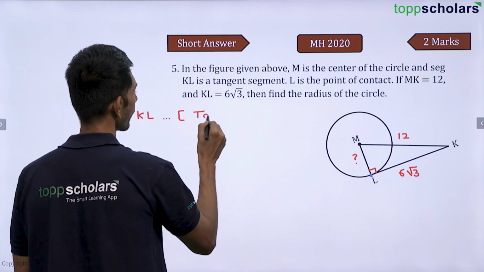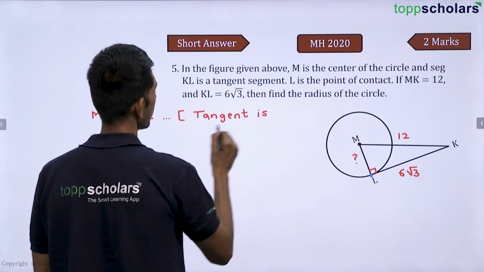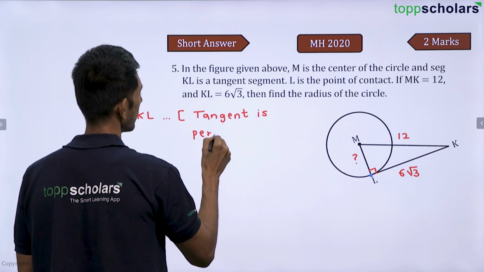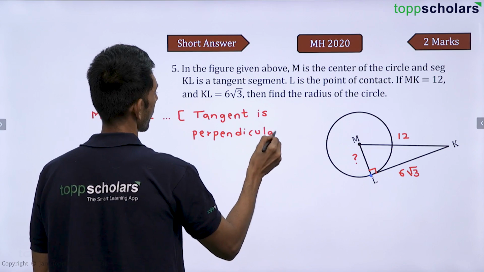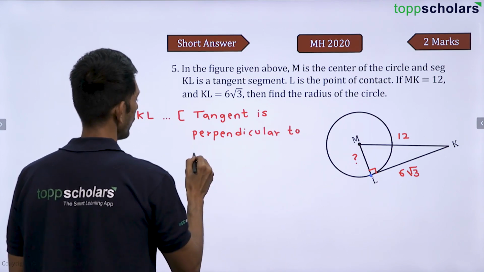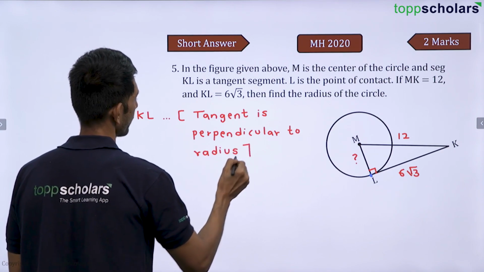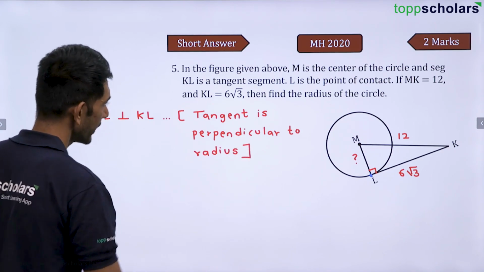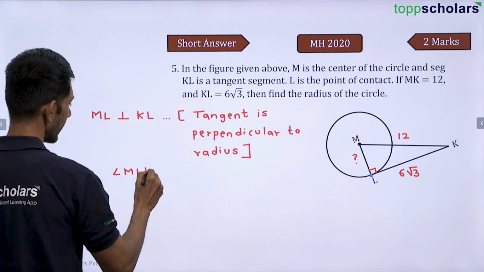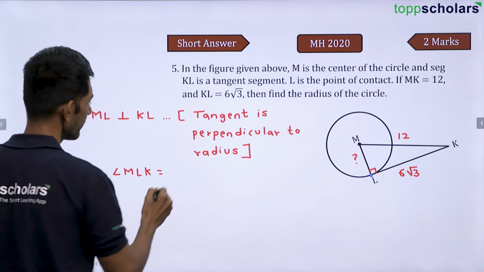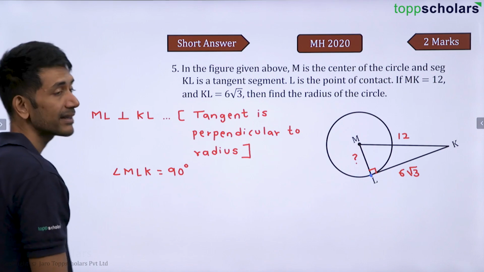Tangent is perpendicular to radius, right? So since tangent is perpendicular to radius, can I say angle MLK is equal to 90 degrees?